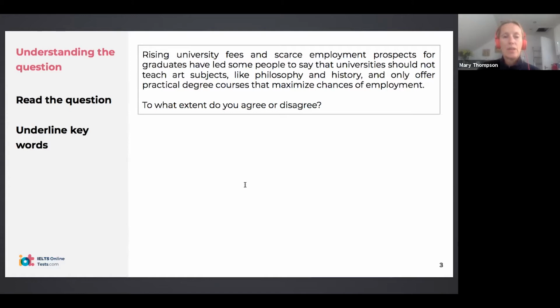Okay, so first of all, underlining the key words, or as I said, really looking at key ideas here. Okay, so this is the first key idea: universities should not teach art subjects. Okay, can you give me some more key ideas in this question?